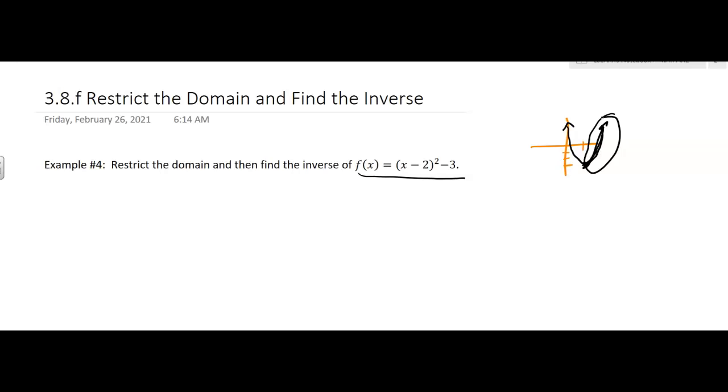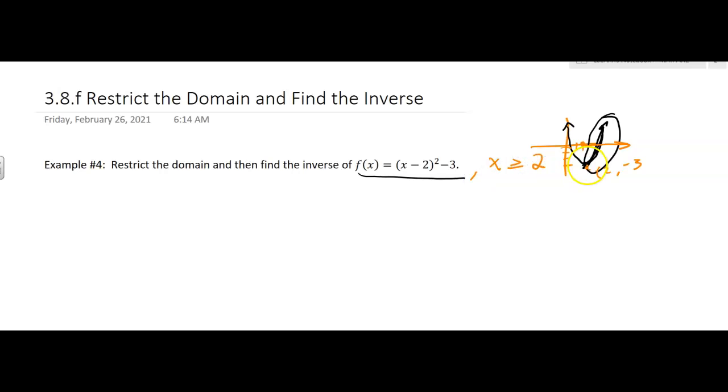Okay, so what does that mean then to restrict that domain? Well, it means that your vertex here was at 2, -3. And we're talking about restricting the x values. So we want x values going this way, something greater than 2. We're going to restrict it to say x is greater than or equal to 2.